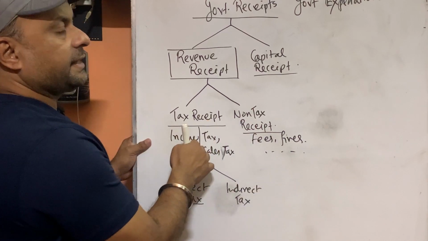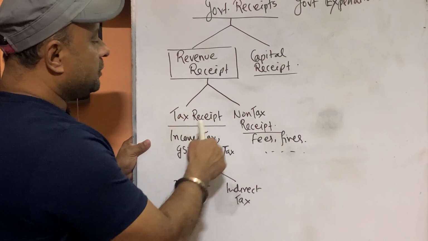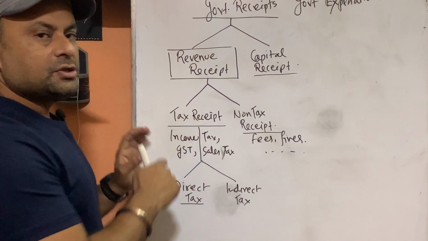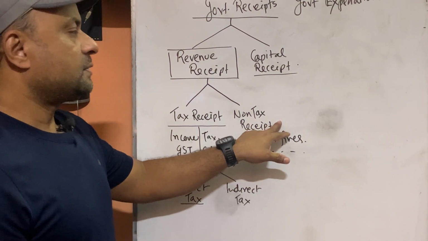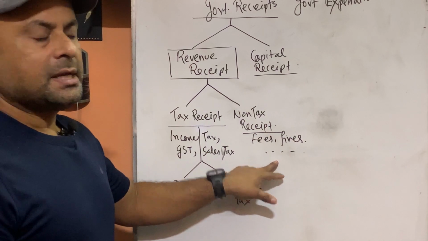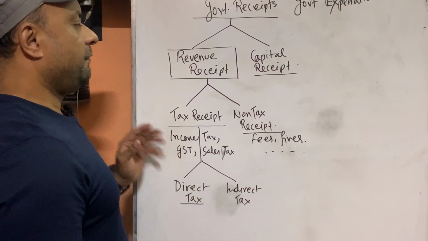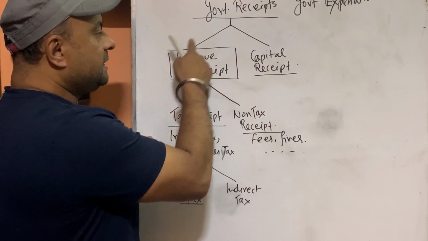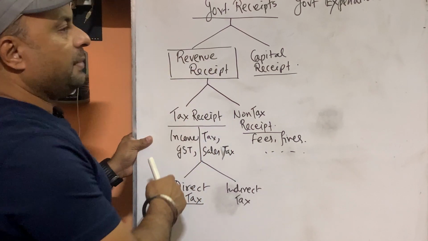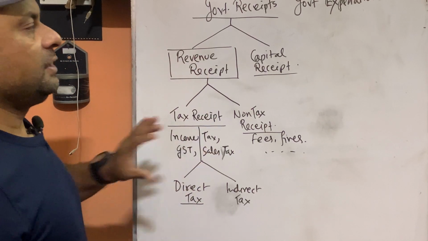These are outside the tax. In case of tax receipt, government is not liable to return anything. But in case of non-tax receipts, government may sometimes provide services against the non-tax receipts. So these are the revenue receipts of the government, from where government gets the revenues.